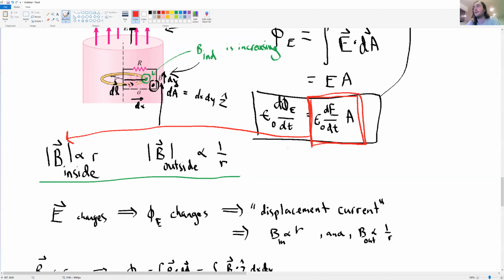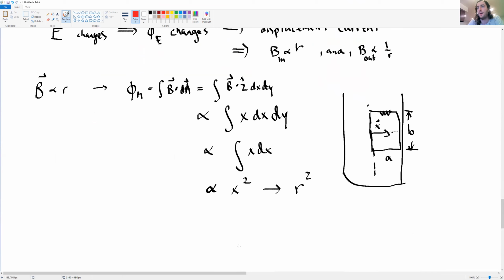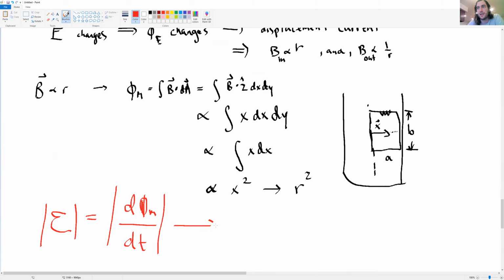put this over here. Now that we have that, we're ready to move to the next question, which is what magnitude of current flows in the wire? In order to find the current in the wire, you have to know the EMF. The magnitude of the EMF is dΦm/dt. So how is the magnetic flux changing?